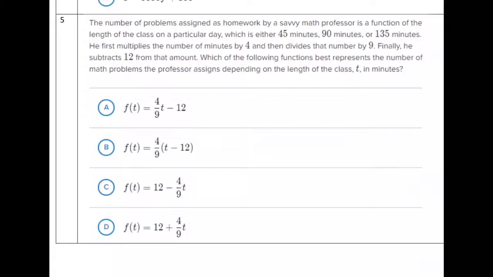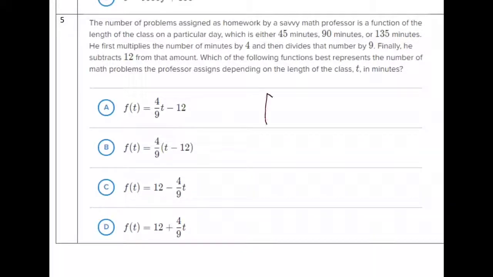Number 5. The number of problems assigned as homework by a savvy math professor is a function of the length of the class on a particular day, which is either 45 minutes, 90 minutes, or 135 minutes. He first multiplies the number of minutes by 4, and then divides that number by 9. Finally, he subtracts 12 from that amount. Which of the following functions best represents the number of math problems the professor assigns, depending on the length of class, T, in minutes?